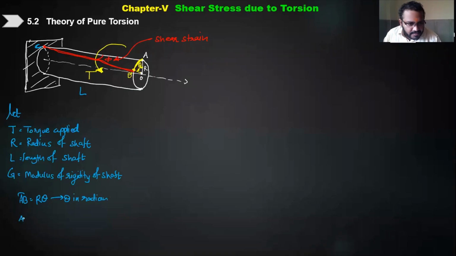As well as arc AB, अगर मैं ये longer sector लेता हूँ जिसका radius I can assume as length of the shaft, so I can say this is L into phi, where phi is also in radians.